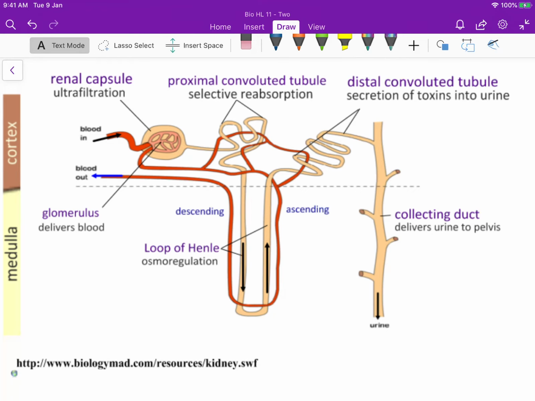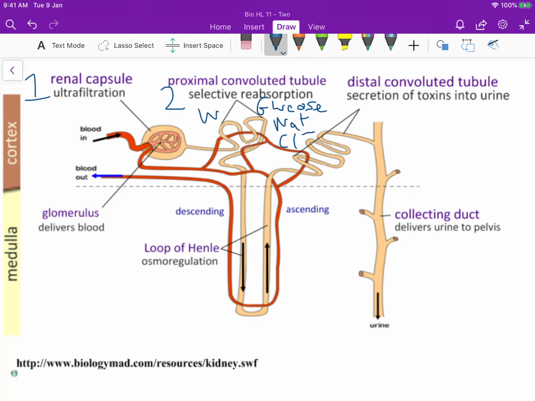And we've got a number of different processes then. So we talked about number one, ultrafiltration. Number two, we're going to take things back that we want. So we reabsorb some things, selective reabsorption. Things like glucose, things like salt need to be reabsorbed.